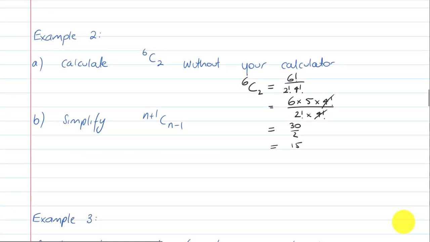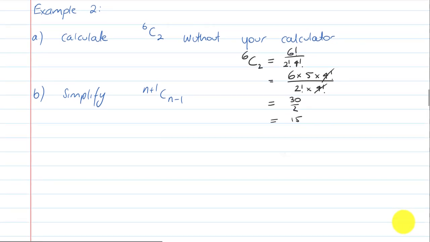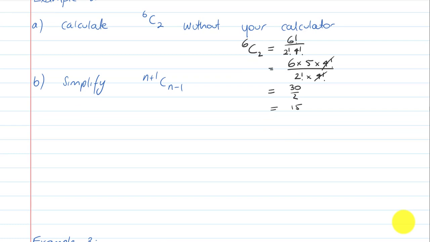And then I've got my second question here, which is calculate (n plus 1) C (n minus 1). So this is quite algebraic, but again, we can do this fairly easily if we just follow the rules. Okay, so (n plus 1) C (n minus 1) is equal to (n plus 1) factorial. So this is my n in the rule, this is my r, over (n minus 1) factorial times (n plus 1 minus (n minus 1)) factorial.